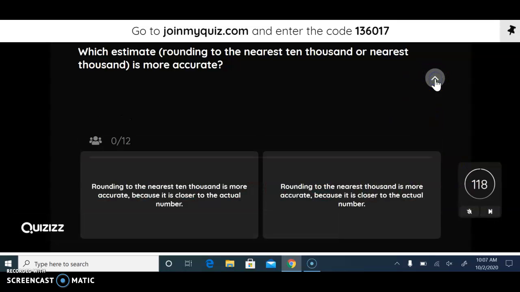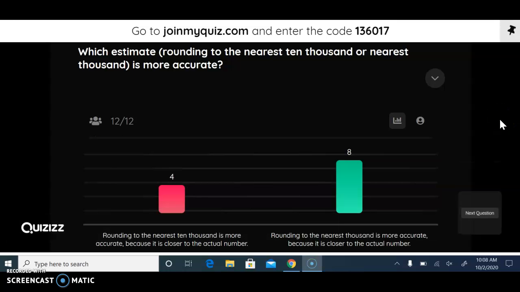Which estimate, rounding to the nearest 10,000 or the nearest 1,000, is more accurate? Rounding to which place value gets you a more accurate answer, or one that's closer to the actual number? Okay, rounding to the nearest 1,000 is more accurate because it's closer to the actual number.